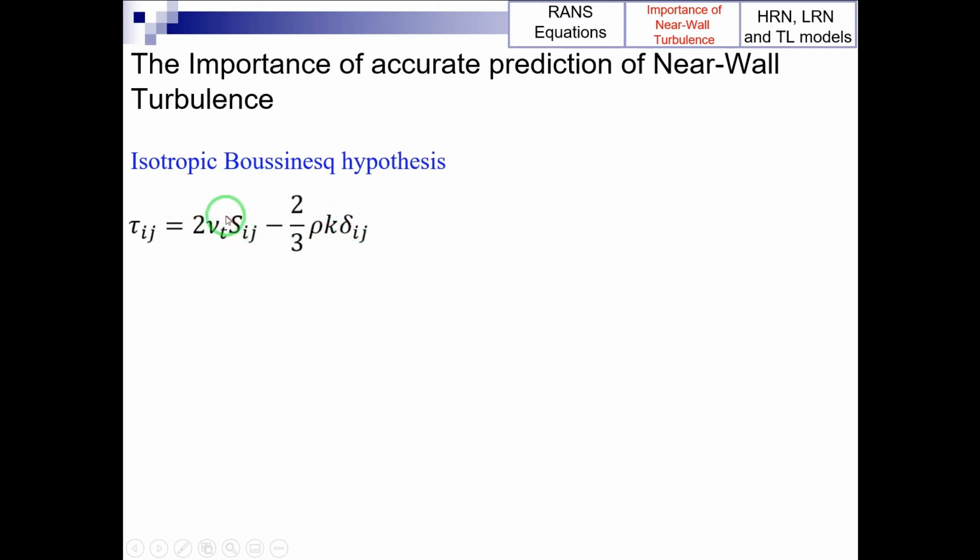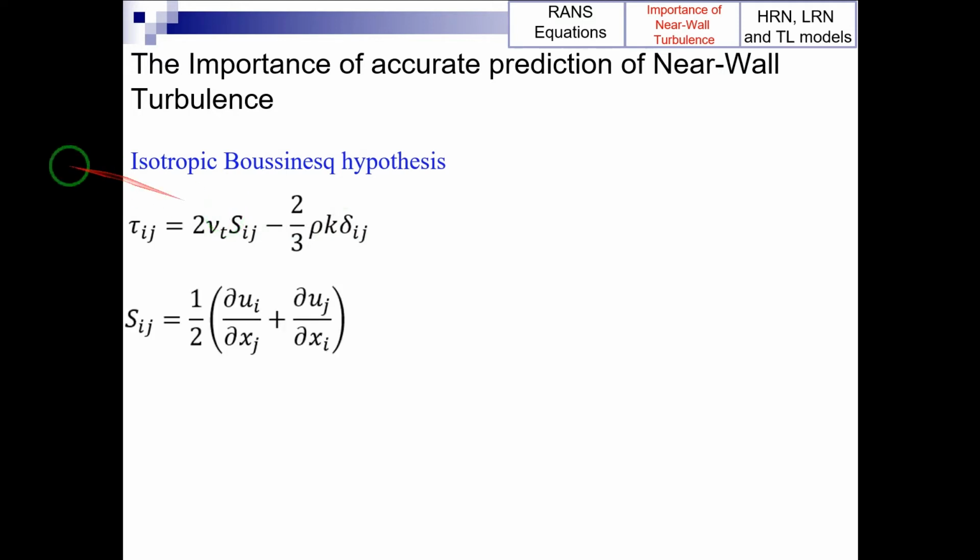Sij is the mean strain rate tensor, which is expressed in terms of the gradients of the mean velocity components as shown here, okay? And also nu T is the turbulent eddy viscosity. As can be seen in this equation, the Reynolds stress terms are defined as linear functions of gradients of the mean velocity components.